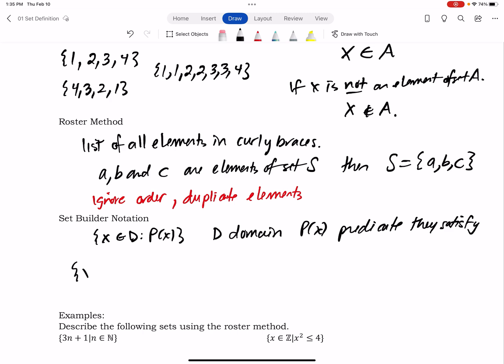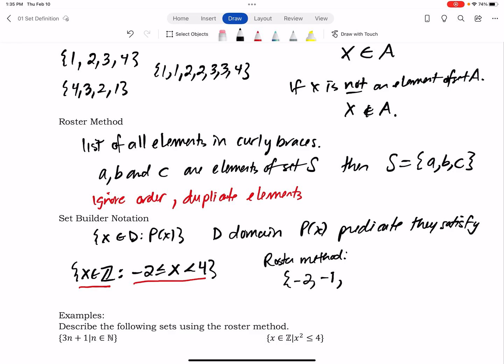If I said the set of all x in Z such that -2 ≤ x < 4, that's set builder notation. The elements that you're choosing come from the integers, and they have to satisfy the predicate that x is between -2 and 4. So if I was to list this in the roster method, it would look like {-2, -1, 0, 1, 2, 3}.